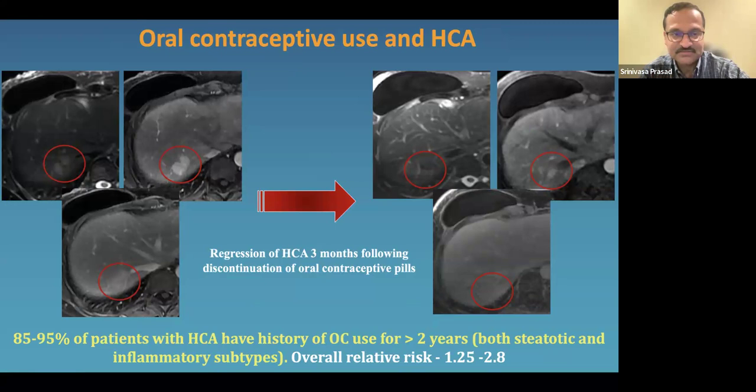And we see that there's a regression of this tumor 3 months following discontinuation of oral contraceptives. It's shrinking. The hepatocellular adenoma is one of the first tumors with a so-called chemical pathogenesis for development, because of the high estrogen content.